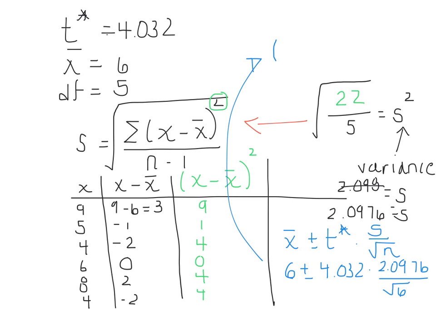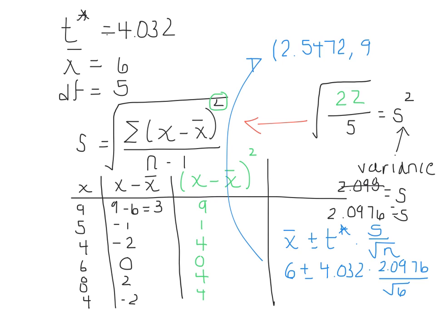I'm going to round to 4 places again. I don't know what they're going to ask you to do, but 2.5472. That's the lower boundary of my interval. If I take 6 plus my margin of error, which again is my 4.032 times my standard error, I get my upper boundary of my interval.